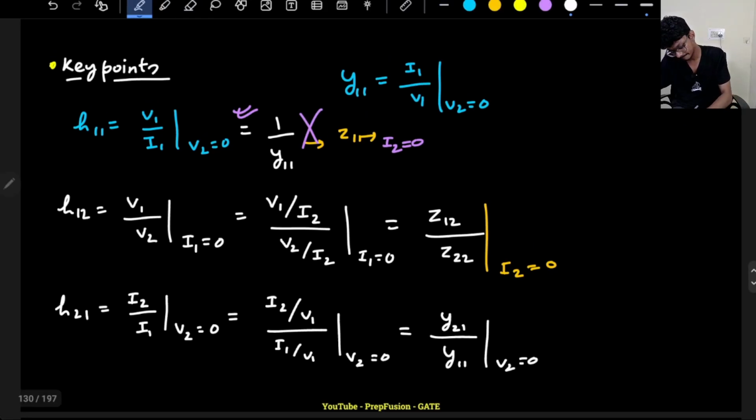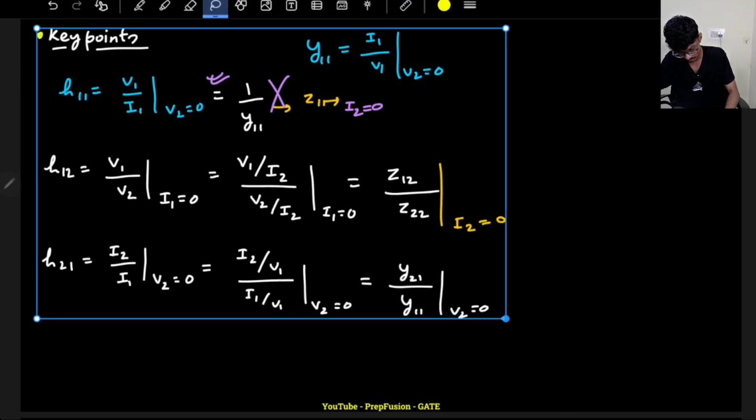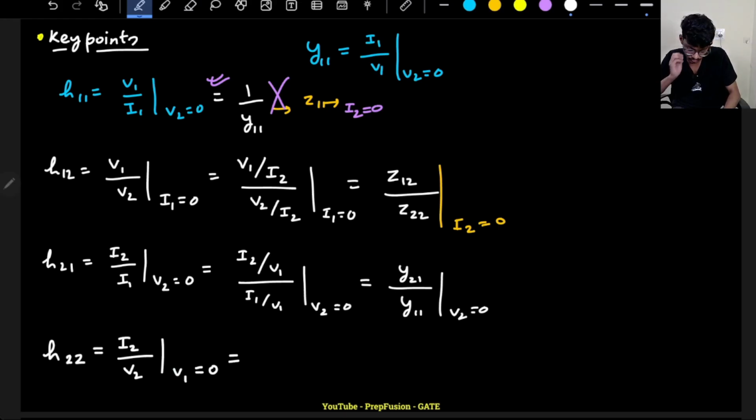Same for h22. h22 is i2 upon v2 for my v1 equals 0. So this will be v2 upon i2. Sorry, v1 is not 0, i1 is 0.